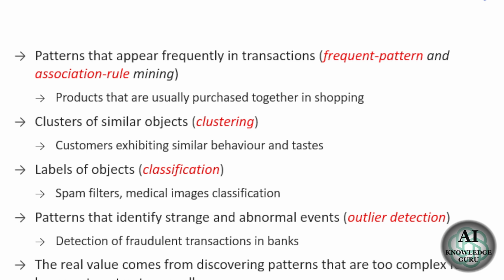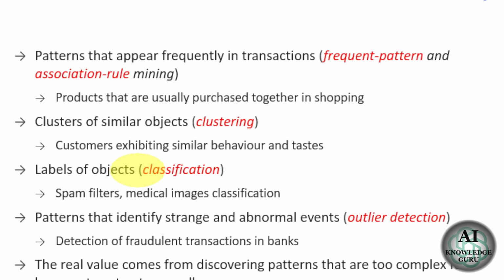So what did we learn from this? We learn about patterns. What is a pattern and can we extract it from the data? Patterns that appear frequently in transactions are frequent patterns and association rule mining, for example, products that are usually purchased together in shopping. Clusters of similar objects are known as clustering, for example, customers exhibiting similar behavior and taste.